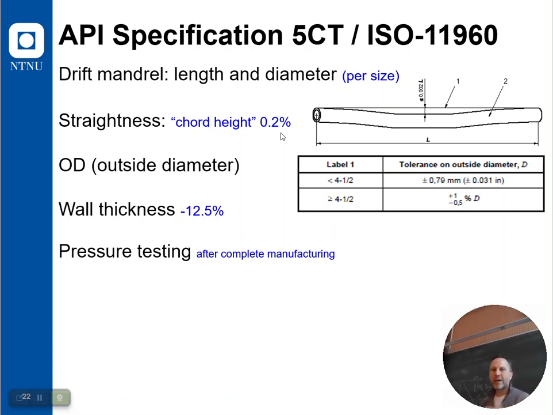They are, for example, on wall thickness. We'll see later on in this PowerPoint pack that that is much better than 12.5%. Yeah, and it specifies pressure testing after complete manufacturing and so on. Yeah.